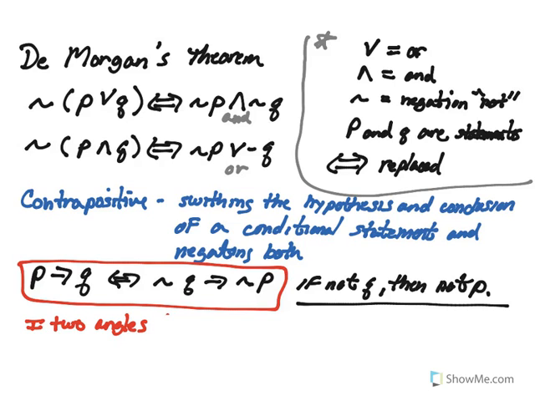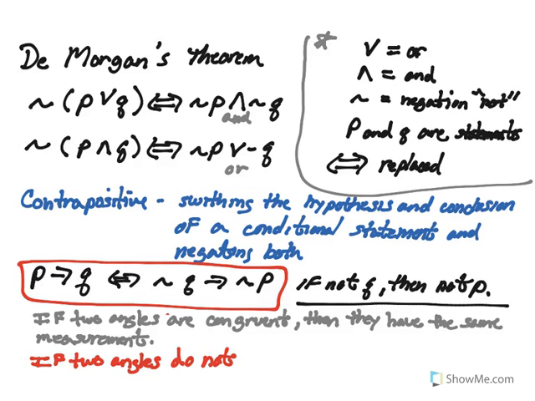Let me go ahead and rewrite that. Okay, so let's look at an example of an original statement. If two angles are congruent, that's your P statement, then they have the same measurements. That would be your Q statement. So if P, then Q. You notice the comma right there separates your P statement to the left and the Q statement to the right. And that's what this means here that I'm underlining.